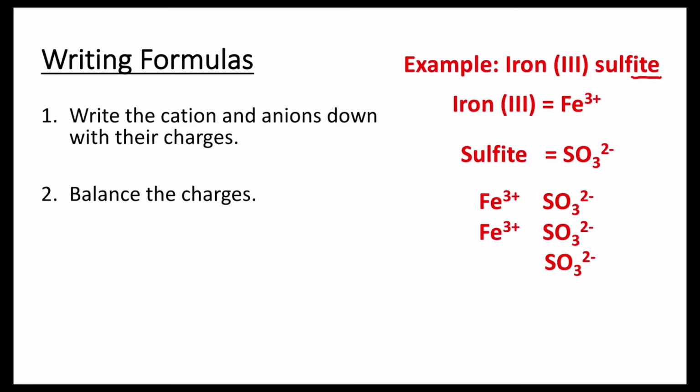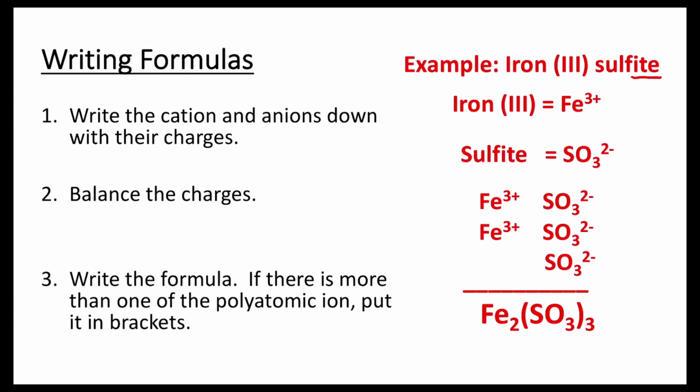So we need the two irons together give us 6 plus, and then the 3 sulfites give us a total of 6 minus. So that is balanced, meaning we have 2, so Fe2, and then SO3, 3, telling us how many of each we have. So write the formula.